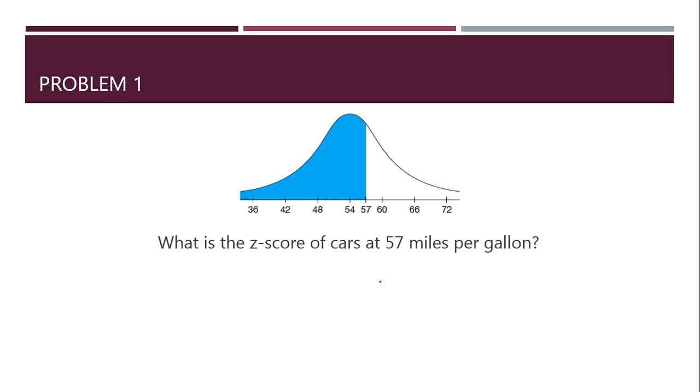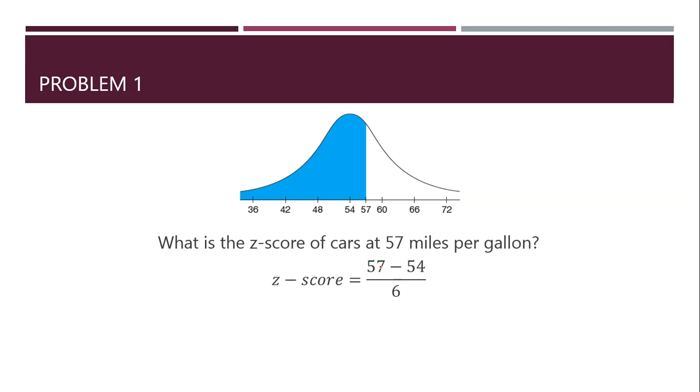So let's come back to that problem for just a second. If we want to find the z-score of 57 miles per gallon, well, I know the mean is 54. We were told earlier that the standard deviation was 6, right? 1 sigma is 6. So I'm going to do 57 minus my mean of 54 and divide by my standard deviation of 6.